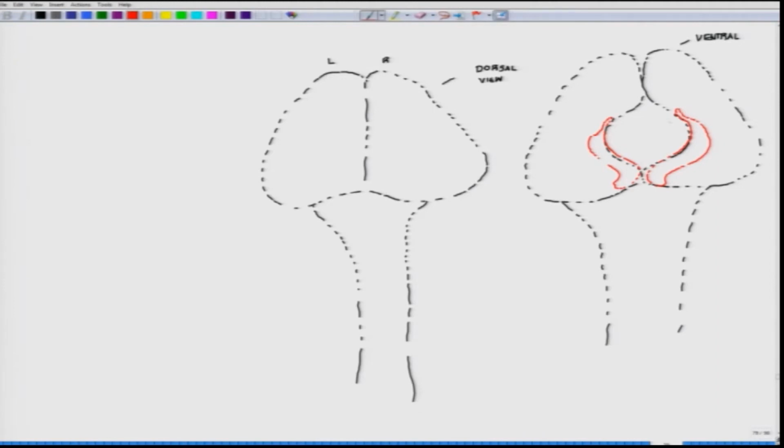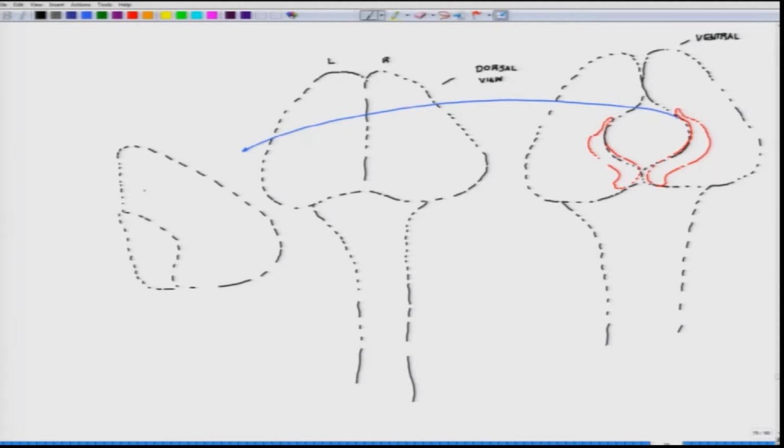You can only figure out this structure if you can, from the ventral side, cut the two hemispheres separately. So, say for example, you have a hemisphere like this, and you are looking at it from the ventral side, it will look something like this.